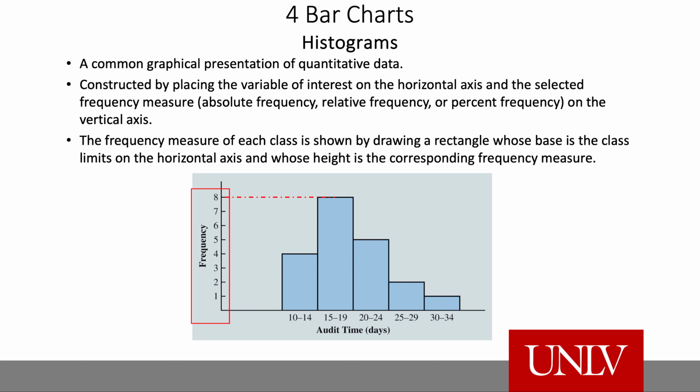Notice that the tallest bar is for 15 to 19 days, meaning most audits took about this long. Also, the distribution is skewed to the right, or positively skewed. This tells us more audits were completed in a shorter time, while fewer stretched into longer durations.